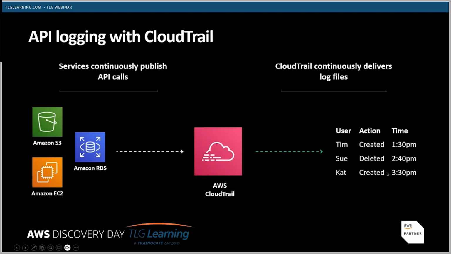Now, everything you do with AWS, maybe using the web console to configure your resources, maybe using the command line interface, maybe writing your own application code that interacts with other services on AWS.